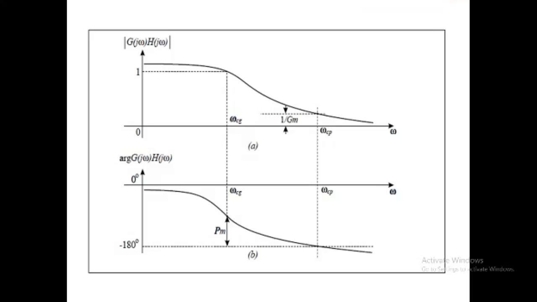However, some frequency domain specifications, to be defined soon, can be related to certain time domain specifications. For example, the wider the system bandwidth, the faster the system response, which implies a shorter response rise time.